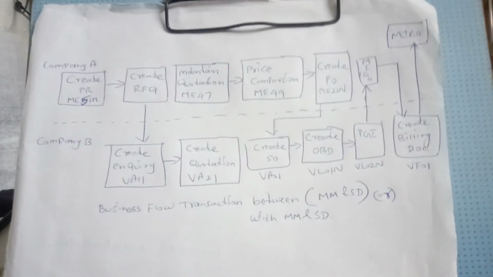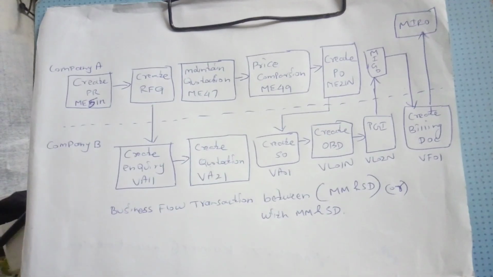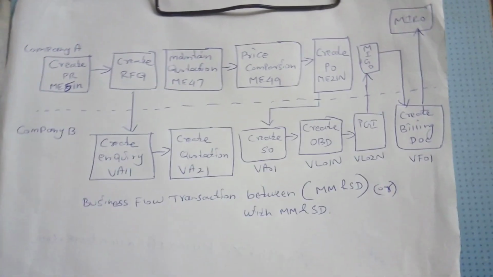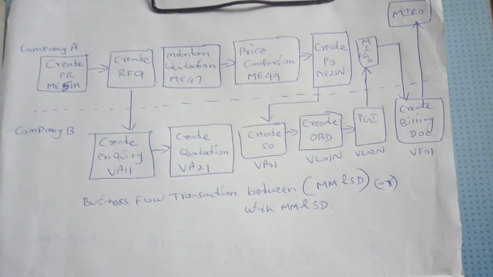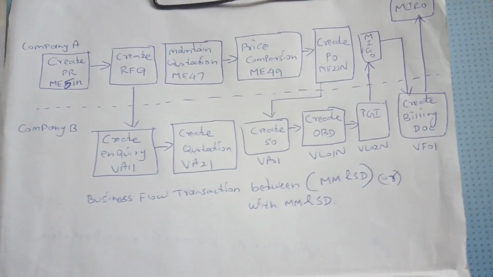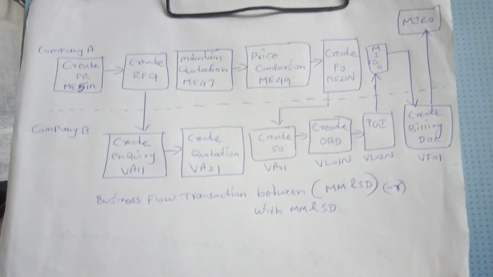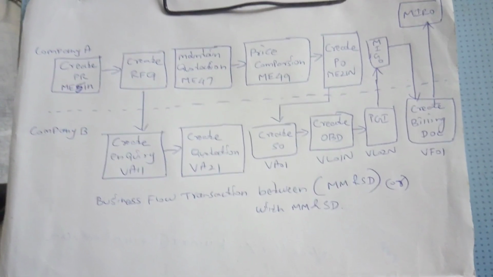I just wanted to give a brief explanation for the new persons in SAP. If the three-way match is okay, then he can post the invoice verification in the MIRO transaction.